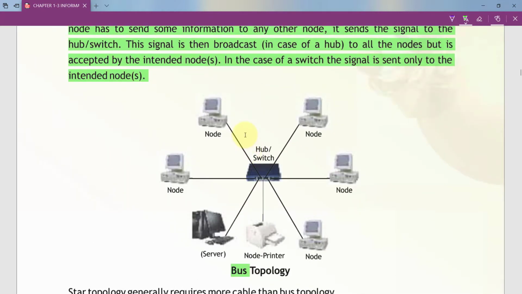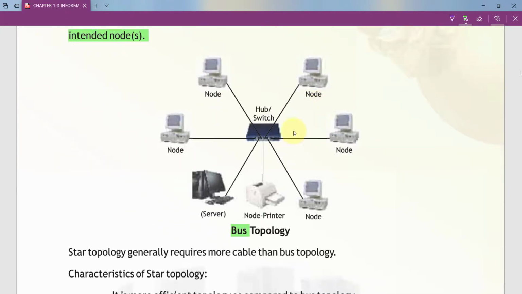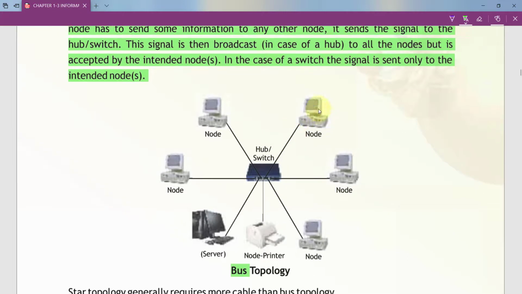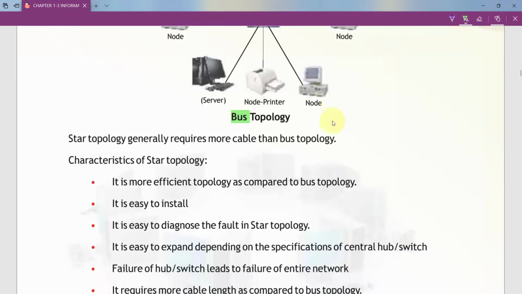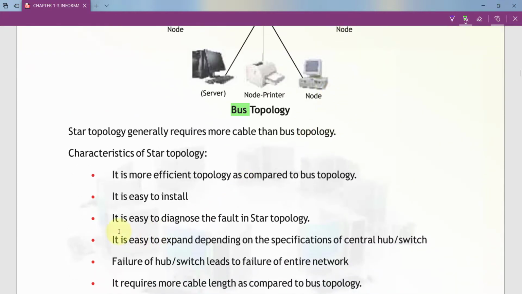Means if there is any error in a particular node, if there is any fault in any node, we can easily search it. Clear? No, we do not have to find one by one. We directly find the particular node. So this is very easy in fault diagnosis.